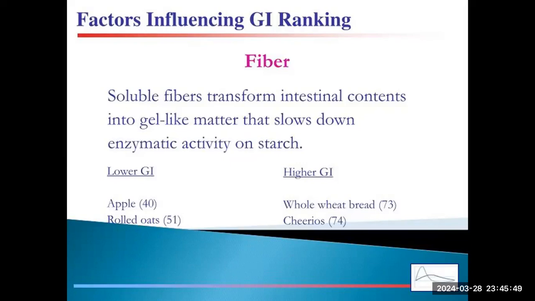So different types of foods give us different glycemic indexes. For example, a lower glycemic index one can get from apple and rolled oats, and a higher glycemic index from whole wheat bread or Cheerios, 74%.